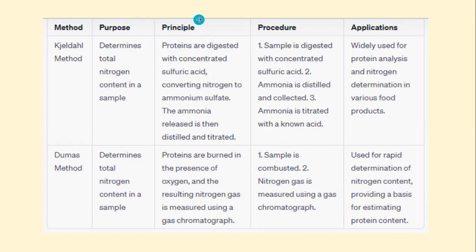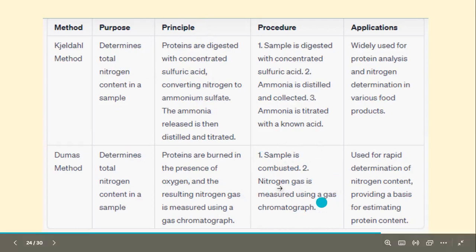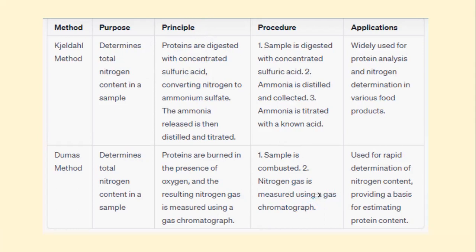To compensate for that, the Dumas method directly burns the sample, nitrogen gas is released, and that is measured using a gas chromatograph. Okay. So here also the amount of nitrogen is multiplied by 6.25. Please make note, the nitrogen to protein conversion factor is 6.25. The amount of nitrogen times 6.25 will give you the amount of protein.